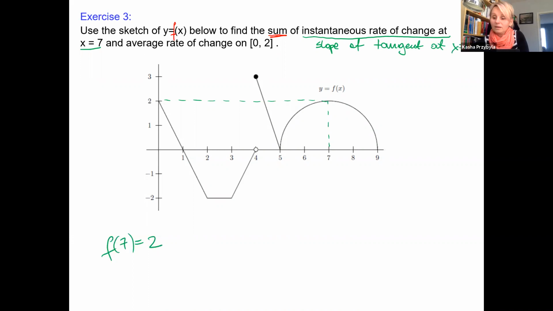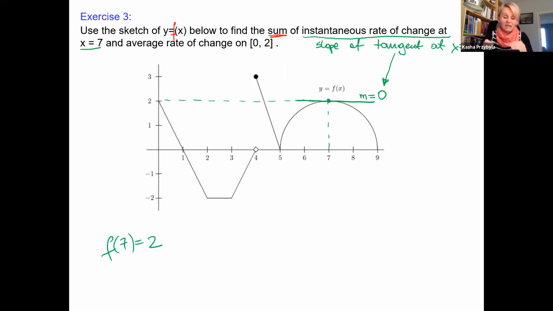I see that's my point, and drawing a tangent, I will draw a horizontal line. That means I don't really need to do an approximation. We nicely see, yes, this will be 0. Please remember, instantaneous rate of change is the slope of the tangent.